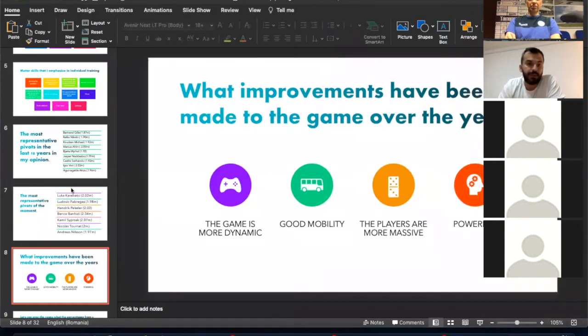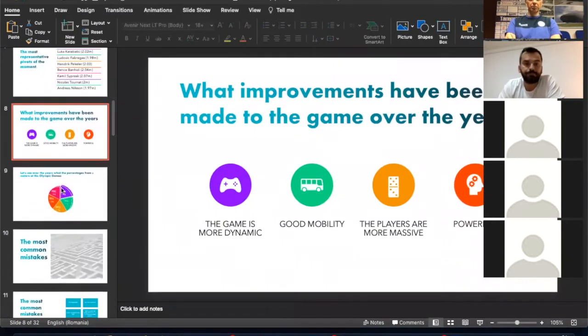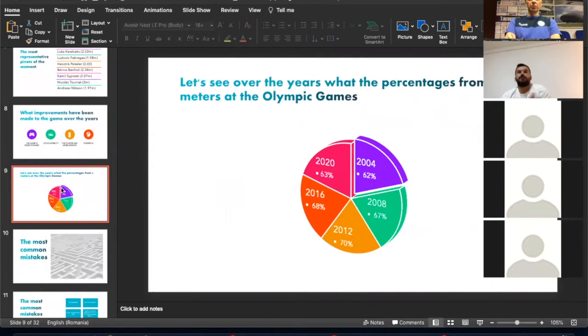So this is it. I tried to look at the percentage on the sixth line in recent Olympic Games. In 2004 the percentage was like 62.